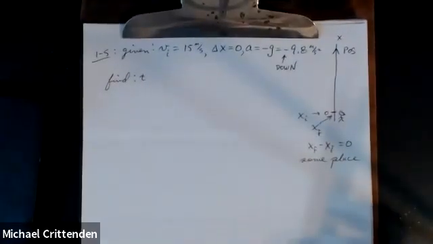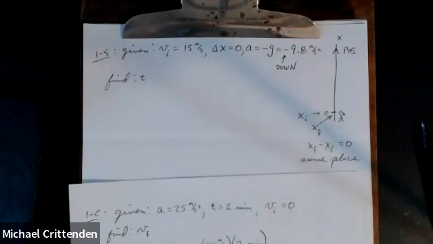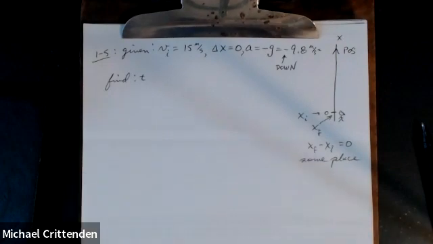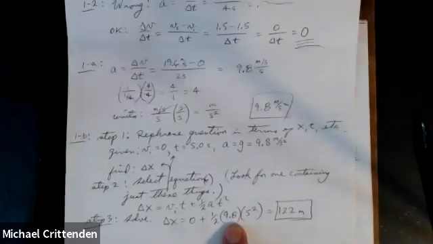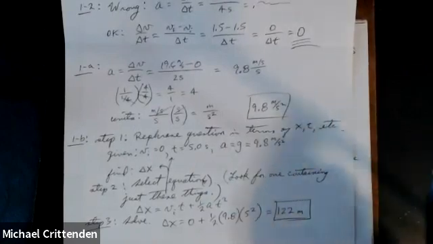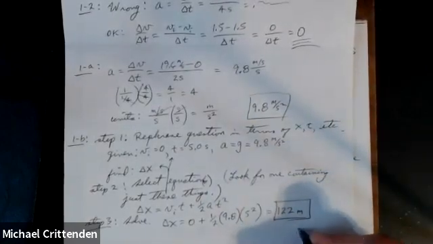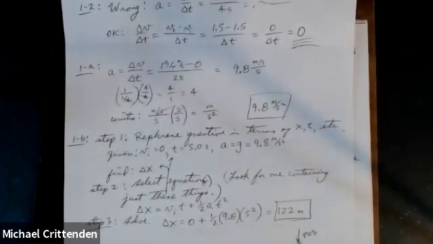Now, it's perfectly legitimate to do it the other way around. In fact, if I go back a page, where did I throw that? Yeah, this one here. How high is the cliff? I didn't stick any minus sign on the 9.8 there. Intentionally or unintentionally, I did the problem with down positive.